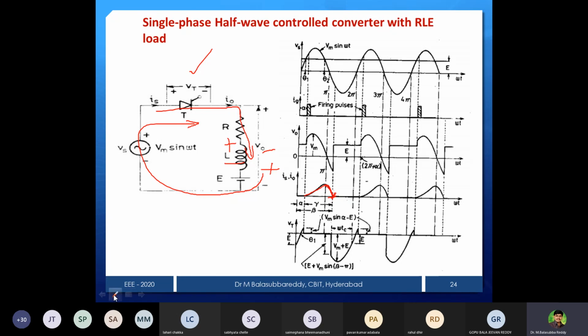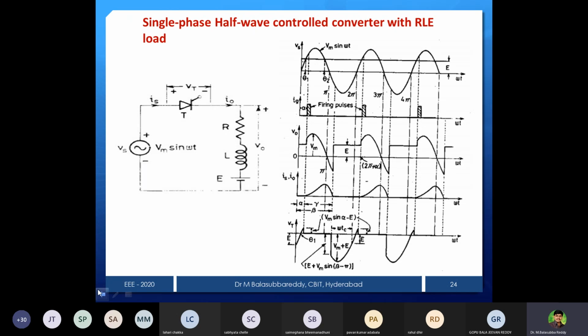So that is the reason for all the RL load cases, you notice the current waveform. The current waveform rises from 0 onwards, or let it be alpha onwards. At that instant only the thyristor starts conducting. From that point onwards, the current will gradually rise up to pi only.